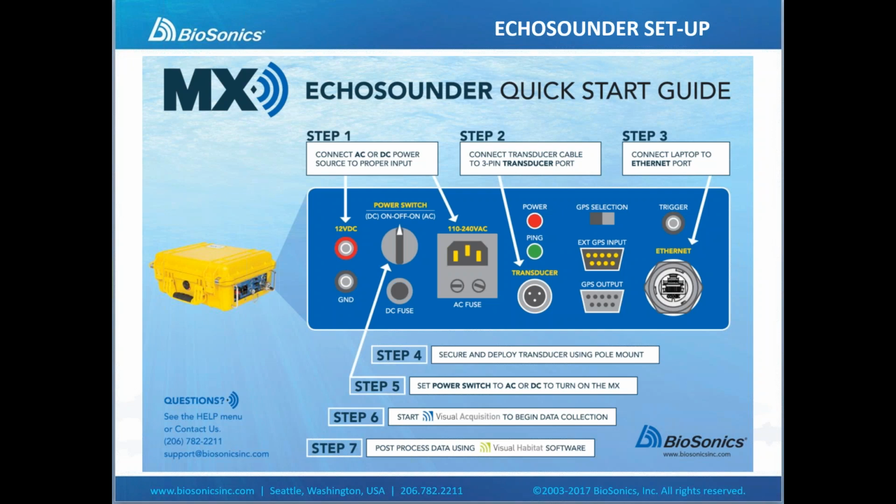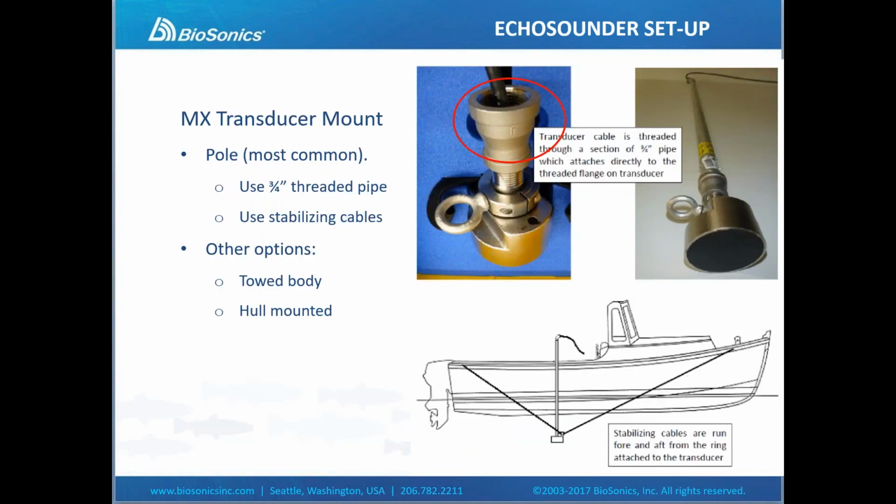So this walks you through all the physical connections, the cables, and the order in which to connect. And basically tells you everything you need to know to start up your MX Echosounder and get started. So once we've gone through and connected our transducer and our computer, we can make sure we have our transducer mount.